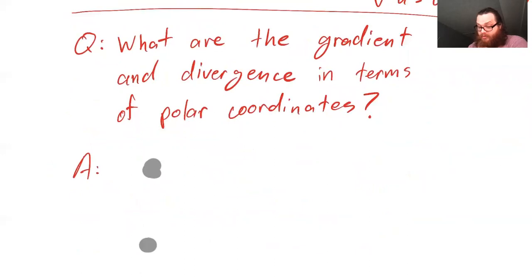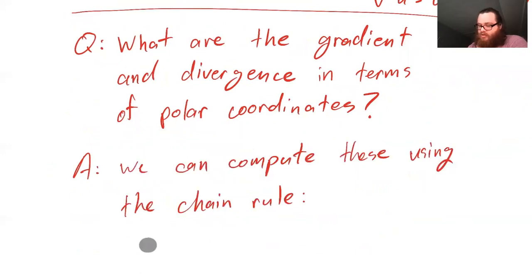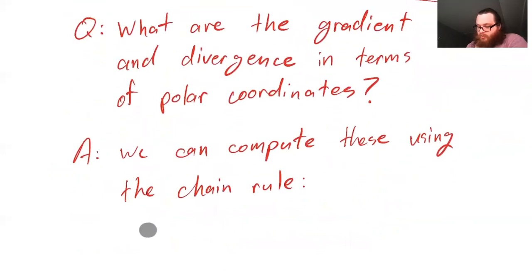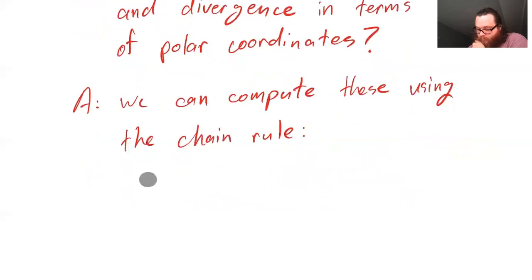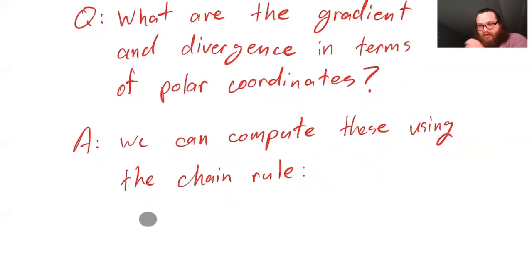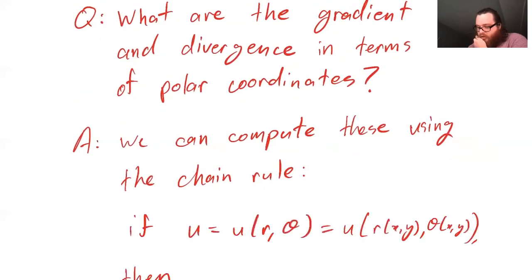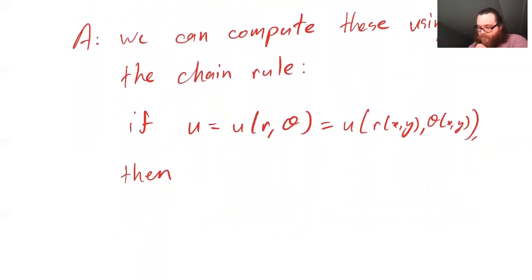So what are gradient and divergence in terms of polar coordinates? Well, we can start to compute these using the chain rule. So u is our temperature.